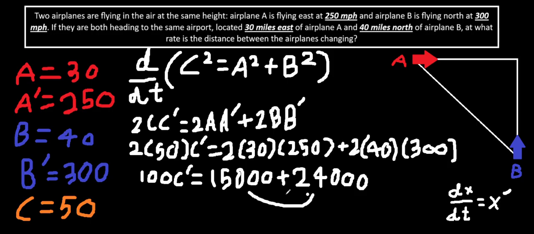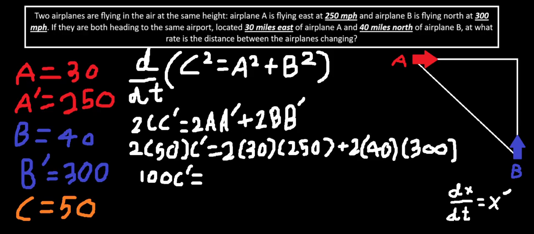And if we add these up, what we should get is 100 c prime equals 39,000.